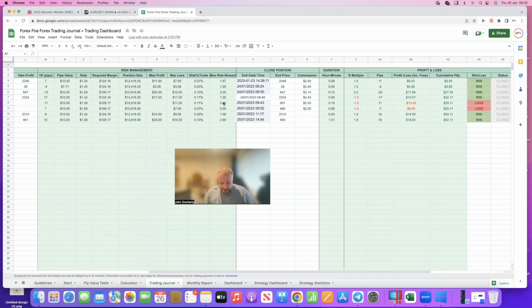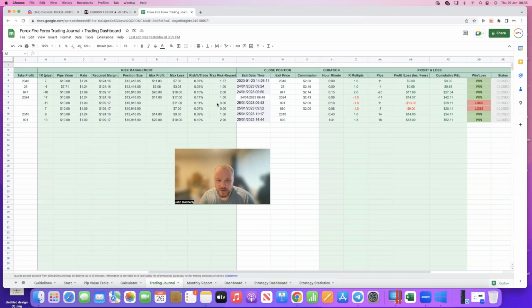So if we get our calculator on, let's say we risked 1% per trade rather than the 0.10. So that first one won, so it's 1.57 because we're going for the full 1%, plus the 1, plus the 2.